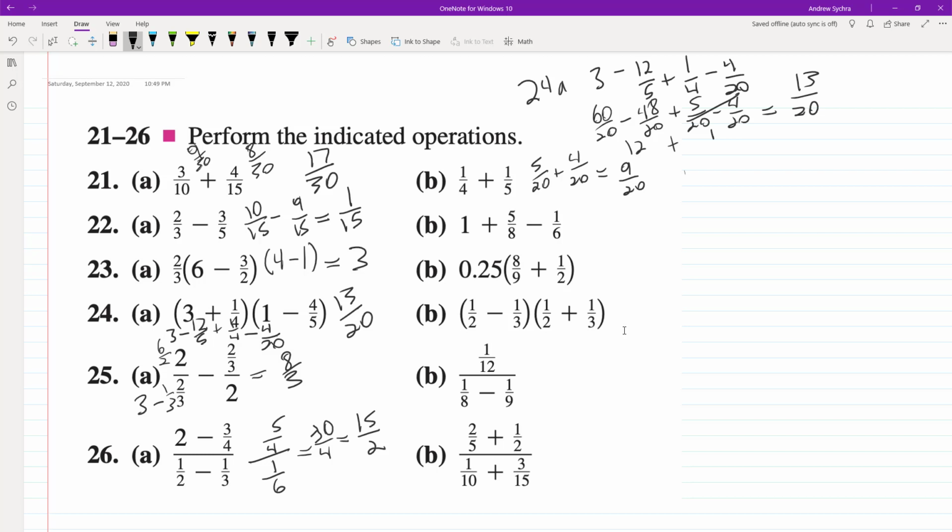What we're going to end up with here is, what's common denominator? 24. So 24/24 plus 15/24 minus 4/24. 39 minus 4 is equal to 35/24.